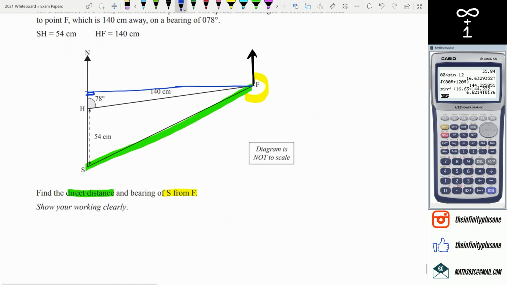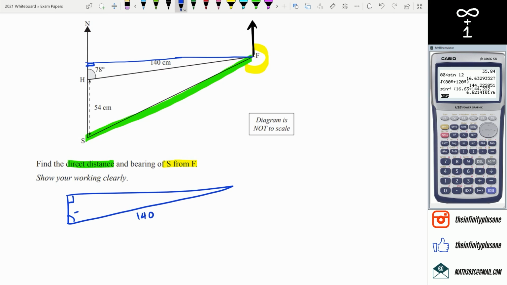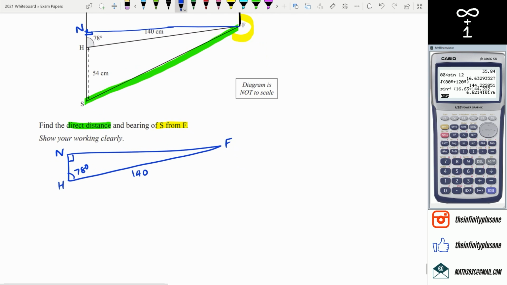I'm going to use the blue triangle and break it down first. I'm going to work out the blue triangle, which looks like this. This is 140, this is 78 degrees, and I'm going to put this point right here as N. So that's N, H, and F, and I'm going to work out what NF is. NF is opposite the angle and we have the hypotenuse, so using SOHCAHTOA, sine of 78 equals opposite over hypotenuse.